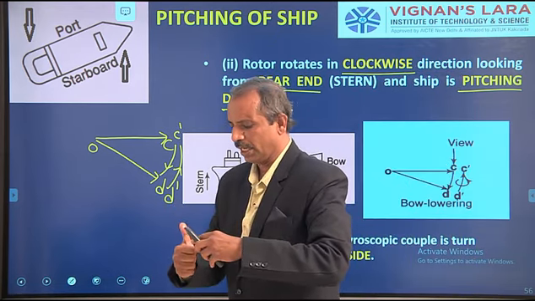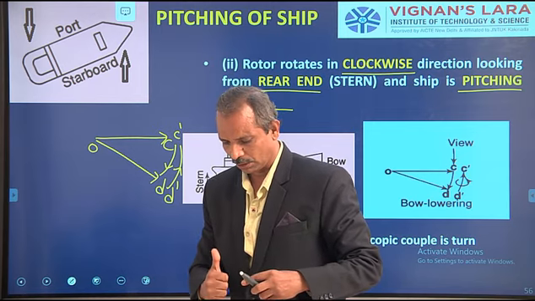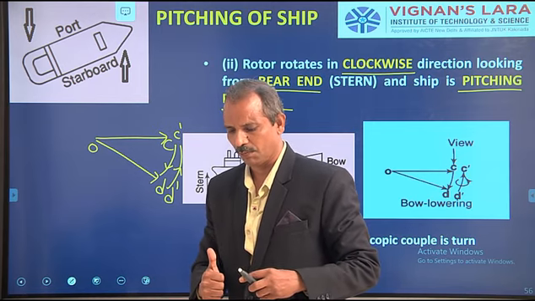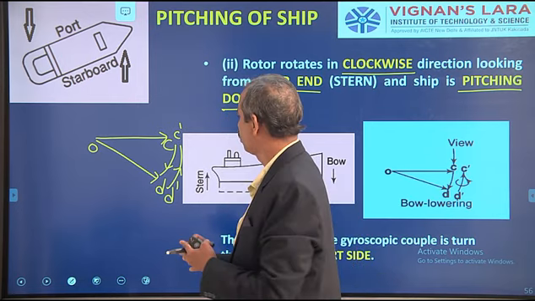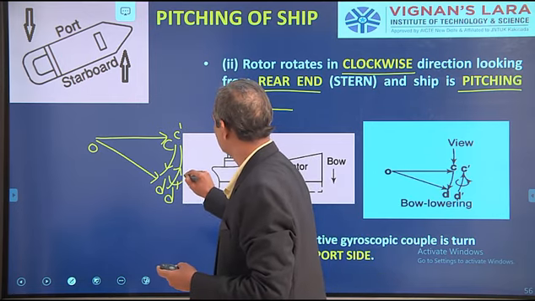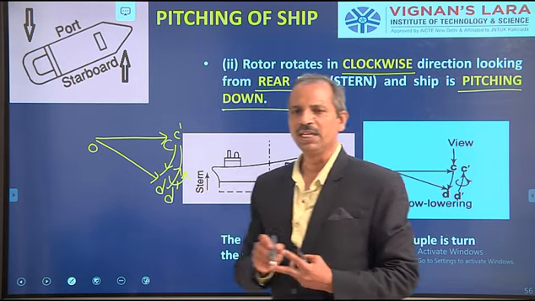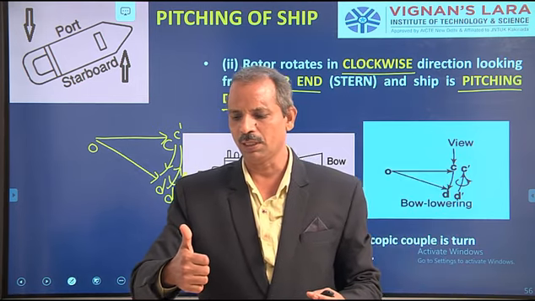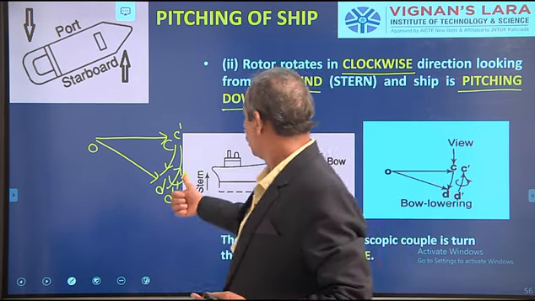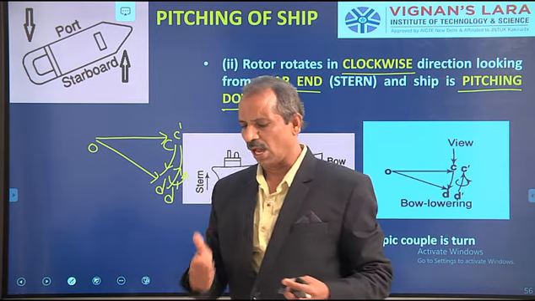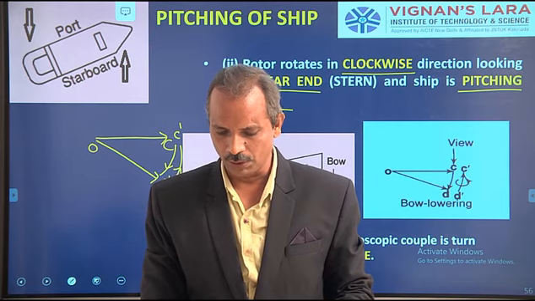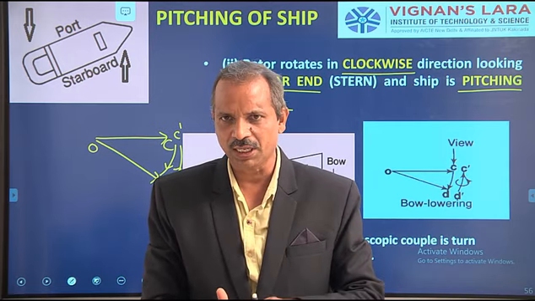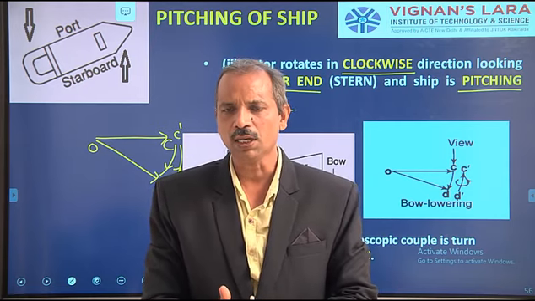Look at it from the top, these fingers are revolving in counterclockwise direction. Let me repeat once again, the reactive couple is in the upward direction, then looking from the top, these fingers are revolving counterclockwise.